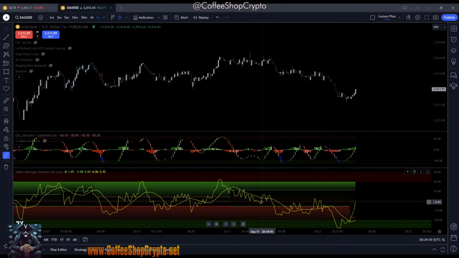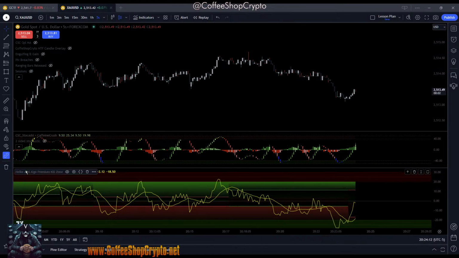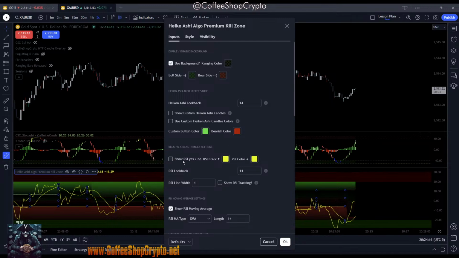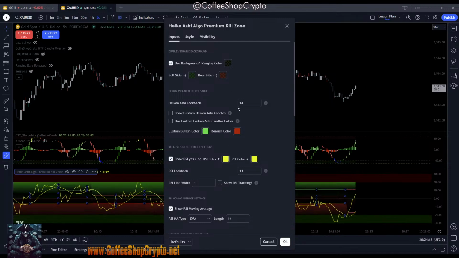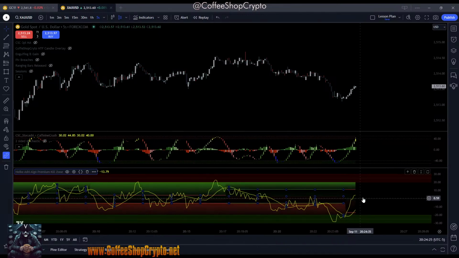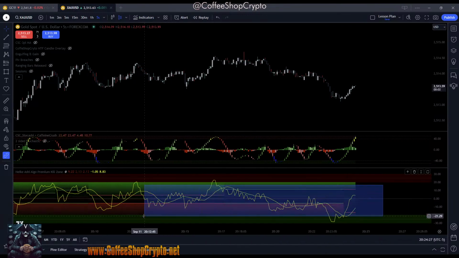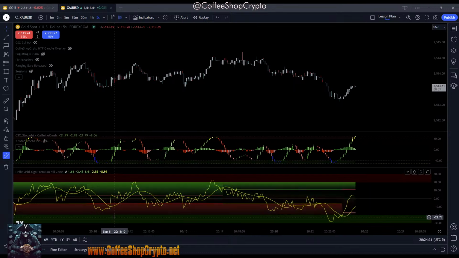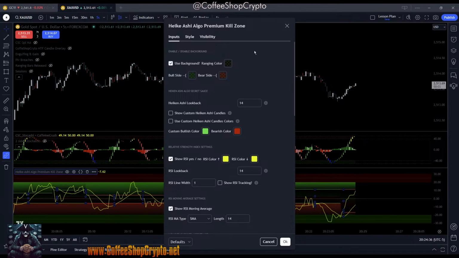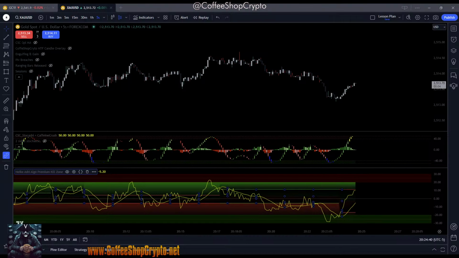You'll be able to either show them or not show them. You'll click one thing, and that one box will either be the coffee shop crypto setup, or the trend line setup, so you don't have to adjust all the settings. You just click one thing on or off, and it's going to give you one or the other, which would be really cool.